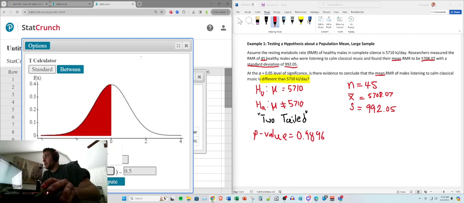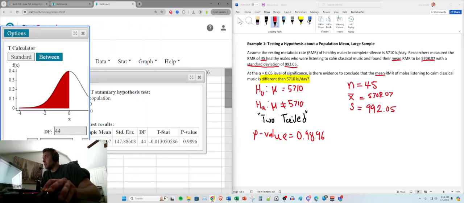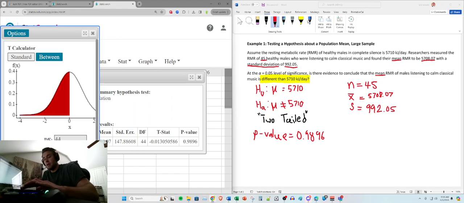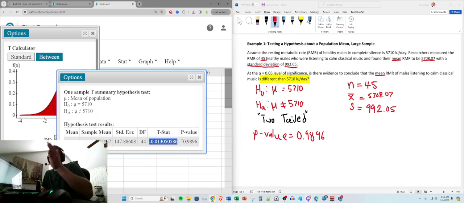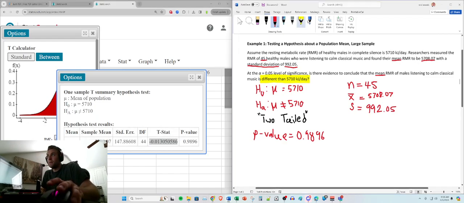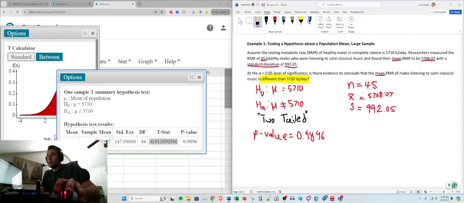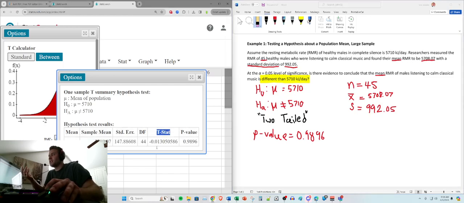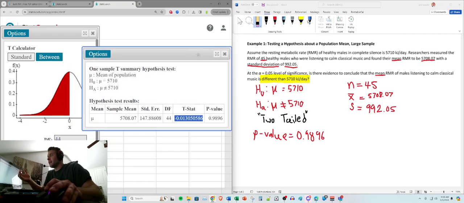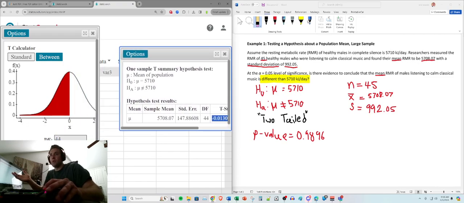And if I put in where this lands, it's just barely below the mean. That's really what this is saying. We notice that our sample here is just below the hypothesized mean. That's why this z-score, they call it the t-stat here, this critical value, is just barely to the left of the mean overall.